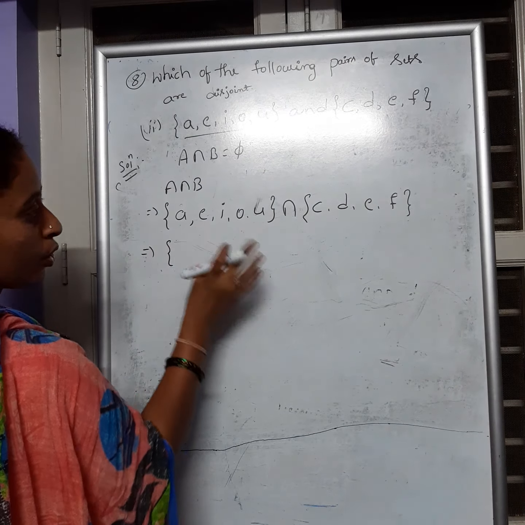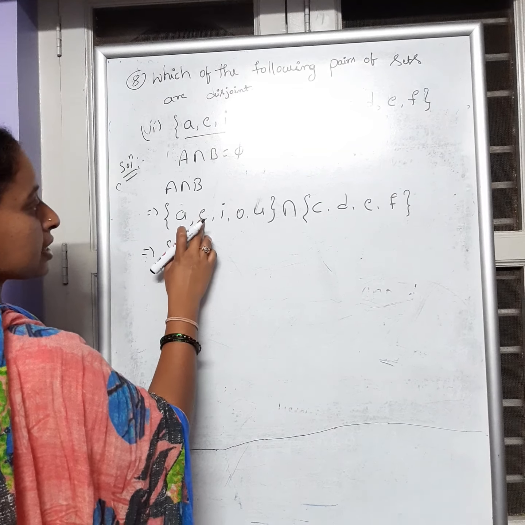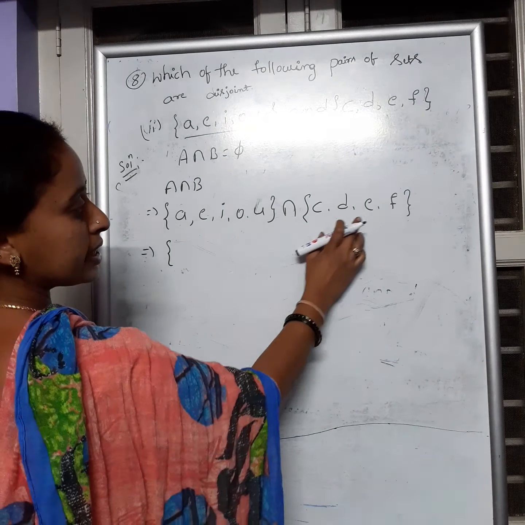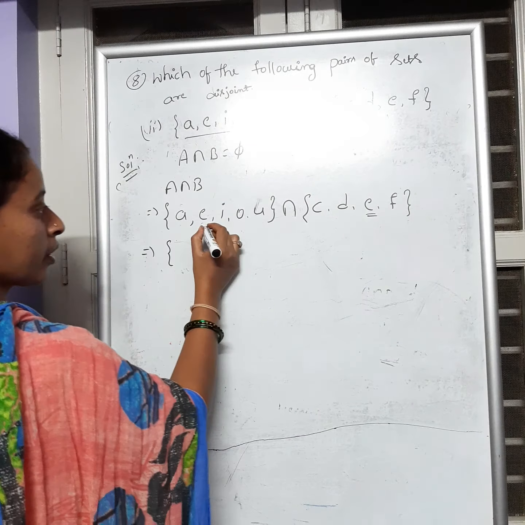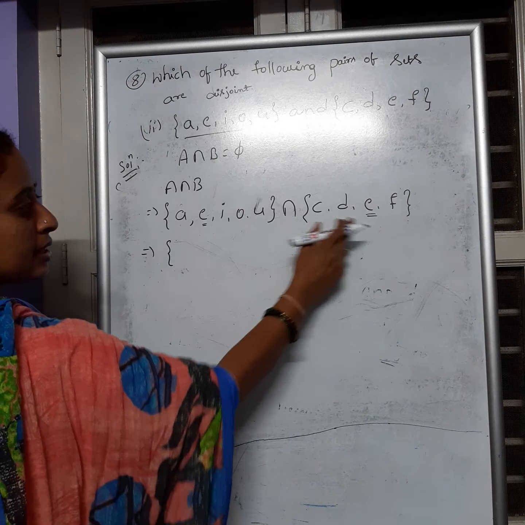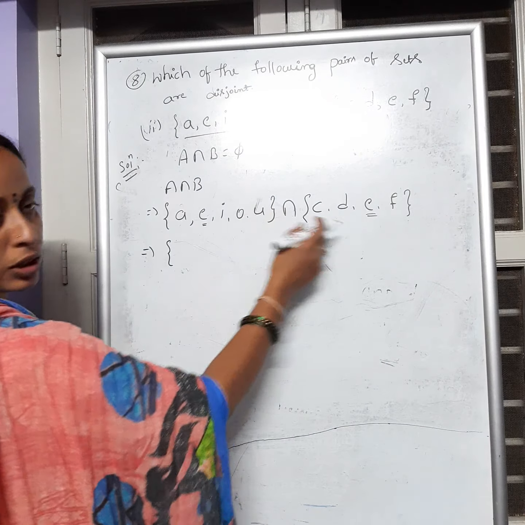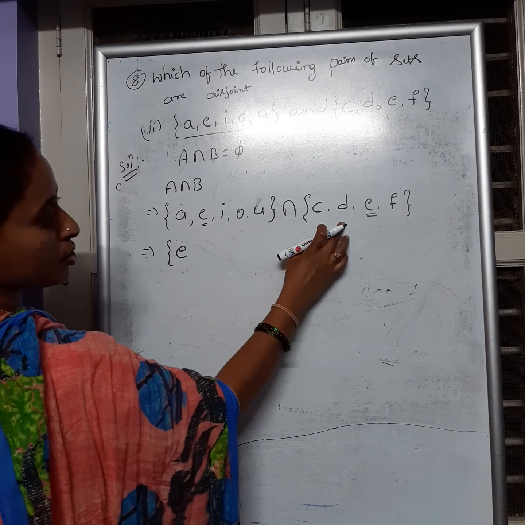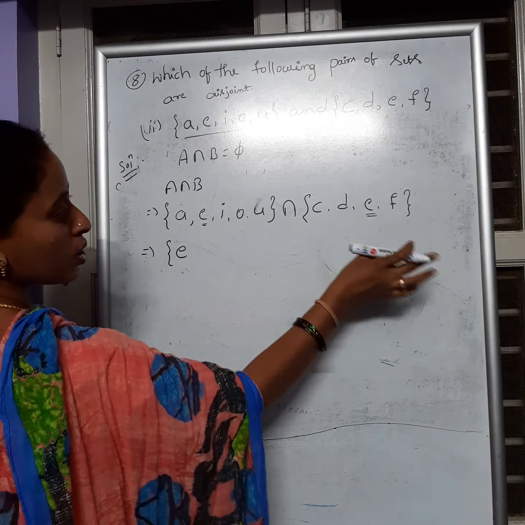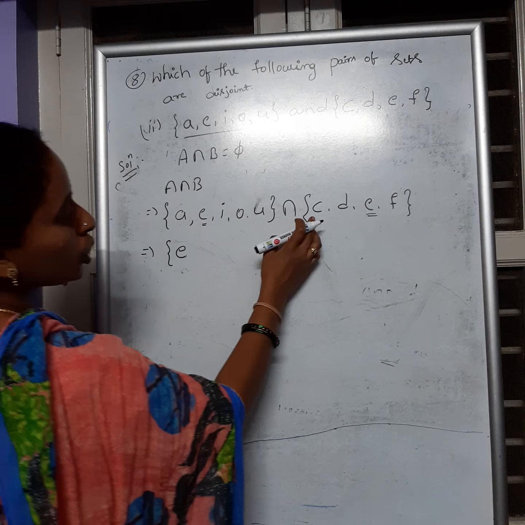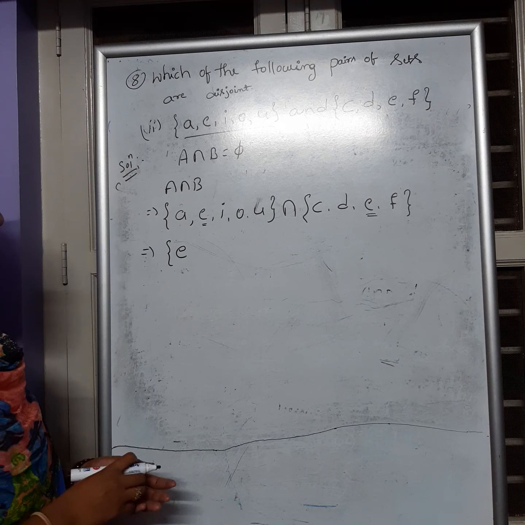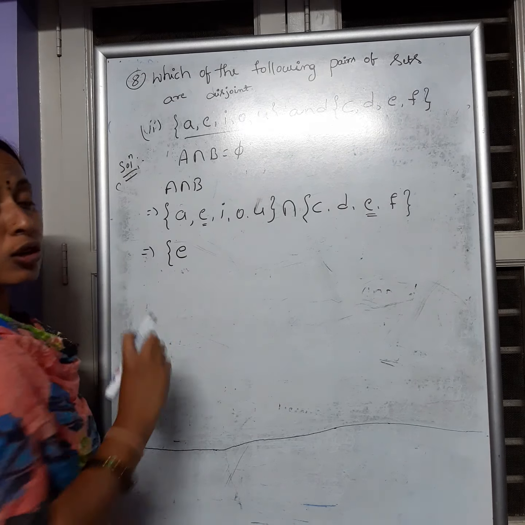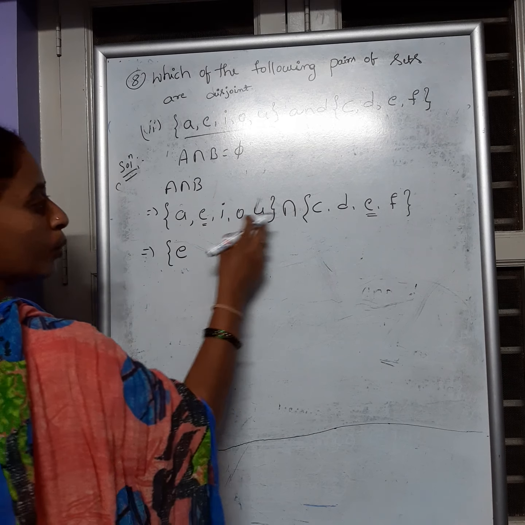A, no. Next, E. Yes, of course, E is here in this set and also in set B. So E is the common element in both sets. Next, I is not there in this set, O is also not there, and U is also not there. So only one element, E, is common to both sets.